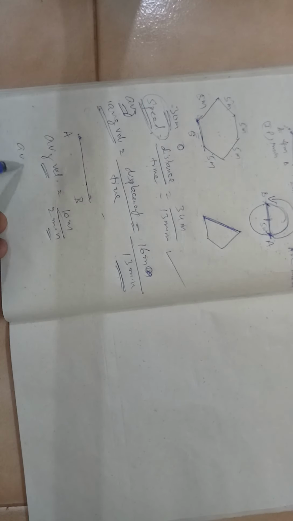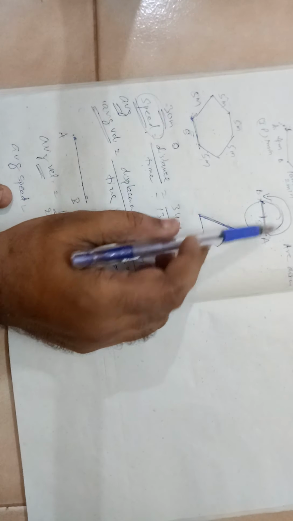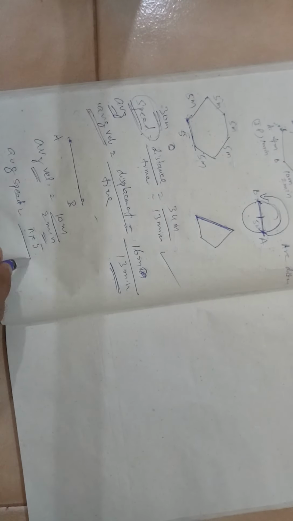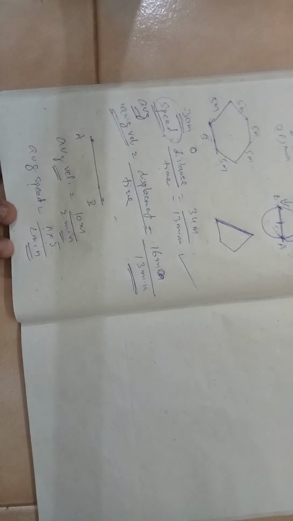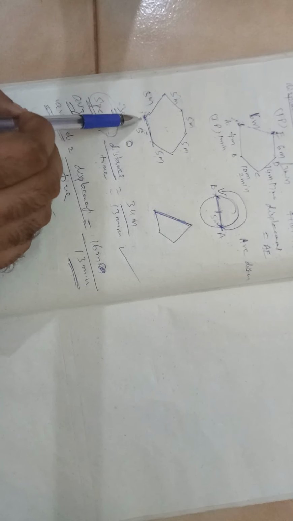What will be the average speed in this case? Average speed will be, 2 pi r is the total perimeter, it is a semicircle, so it is pi r. R is given as 5, so pi into 5 divided by 2 minutes. That will be the average speed. In the case of a full circle, there is no average velocity, there is only average speed, because the initial point and the final point are matching.